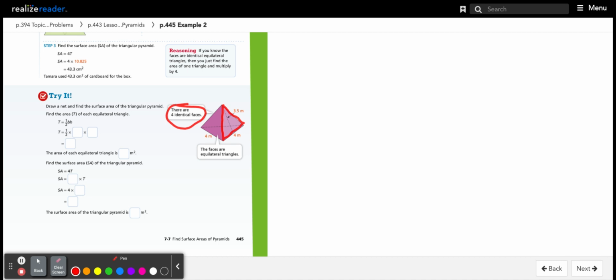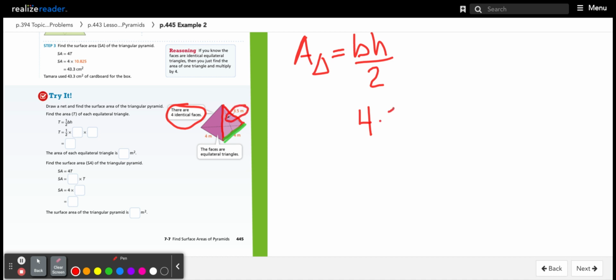So first, let's find the area of that 1 triangle. So we have the area of a triangle is base times height divided by 2. Okay, so now I'm going to look at my picture. Well, my base is 4. So I have 4 times my height, let's look at the arrow here, is 3.5.